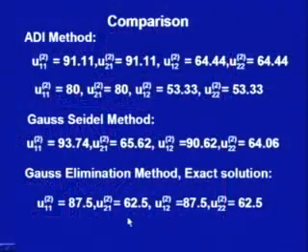You could check that the Gauss elimination method, that is the exact solution which I got over here, is a little bit nearer to the Fourier series approximation than these ones. These can also converge to this kind of solution, or to the Fourier solution, if I had gone with more iterations.